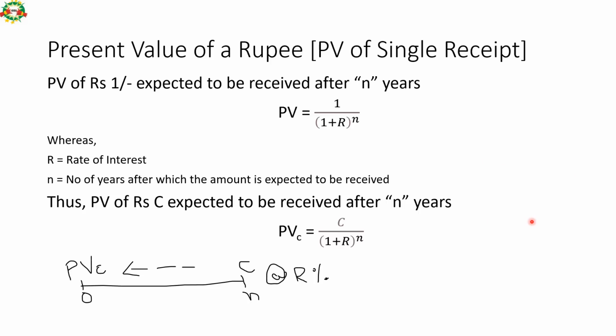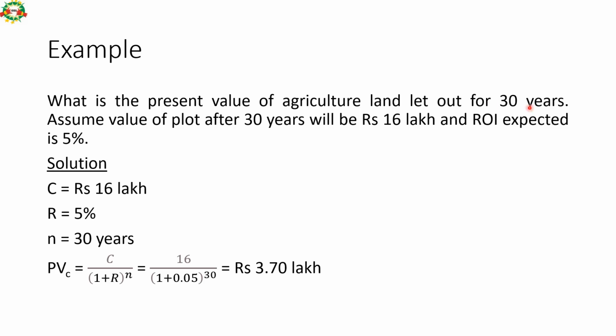Let us understand this formula with the help of an example and then with the help of an Excel sheet as well. What is the present value of agriculture land let out for 30 years, assuming the plot value after 30 years will be 16 lakh rupees and expected ROI is 5%? As usual, always write the data given in the question.